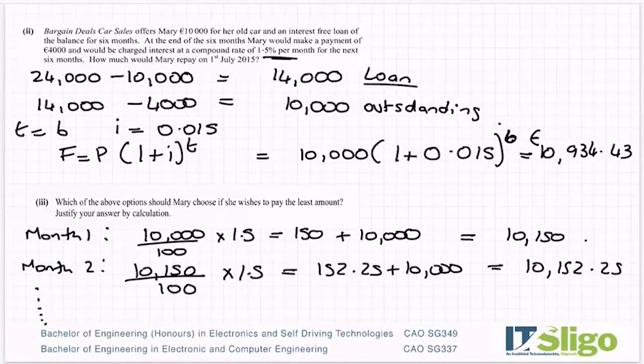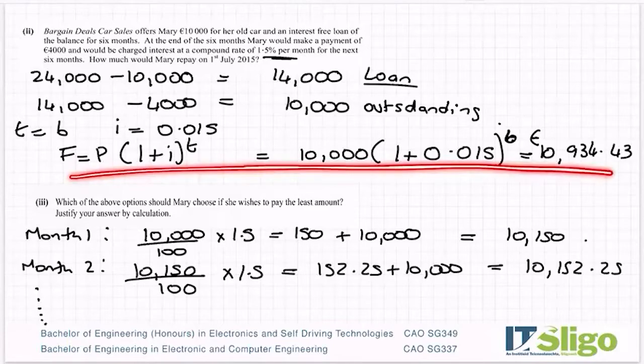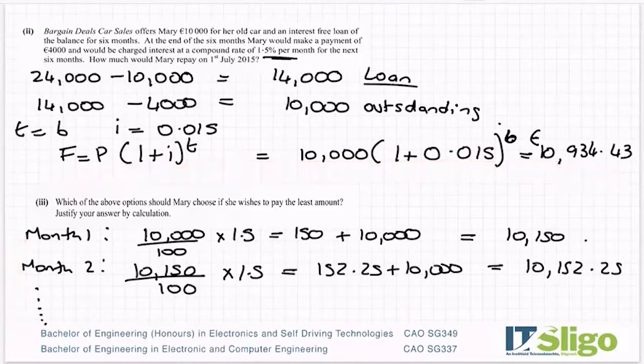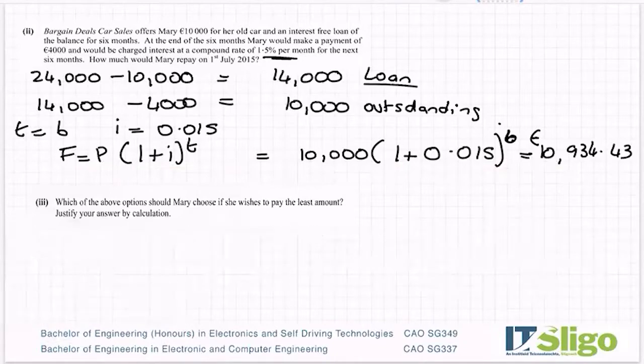So you can see this is why the formula is the easier way to do it, even though this way logically makes more sense, mathematically the formula is easier. But nothing's stopping you working it out the long way if you wish. Either way, by the end of the 6 months, you're going to have 10,934.